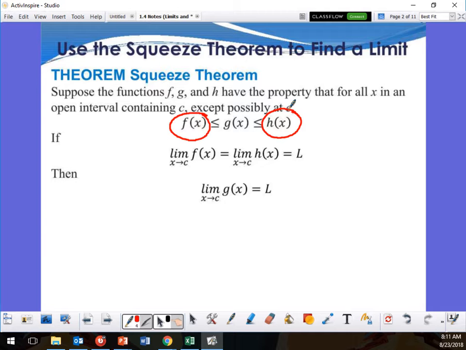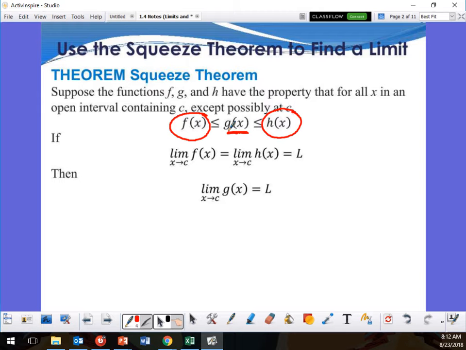Therefore, that would be the limit of this function. It would be the limit because we're looking at the left hand and the right hand, and we're squeezing it in there. So you guys are going to see some interesting problems.